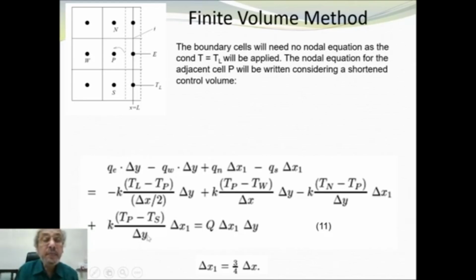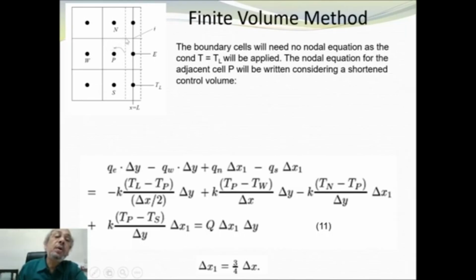Similarly, k (Tp minus Ts), this will also be multiplied by delta x1, where delta x1 is basically 3/4 delta x, and the heat generation rate is also Q delta x1 into delta y.